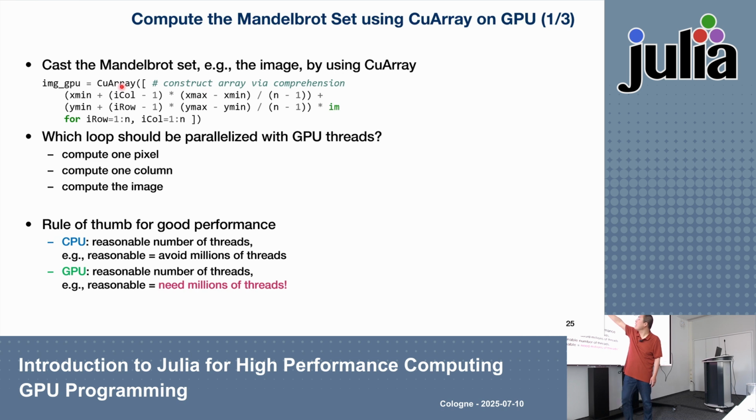That is why here you have one for loop, but this for loop is actually two for loops. One is row from 1 to n, one is column from 1 to n. That's simple. Here it's just initialization through the so-called Julia comprehension.